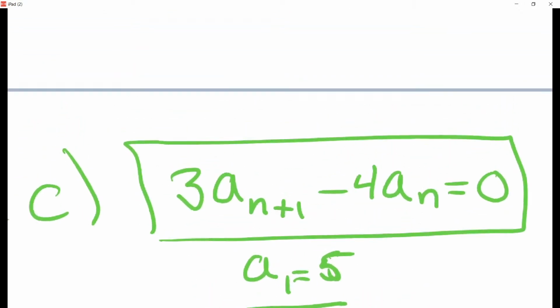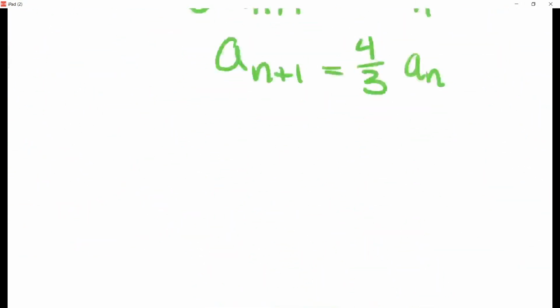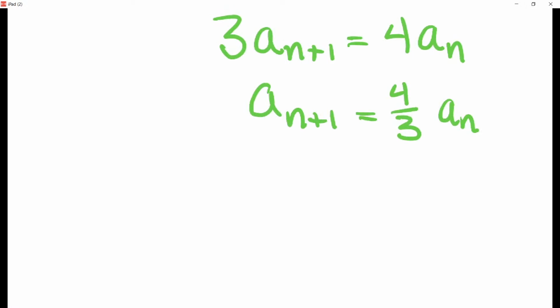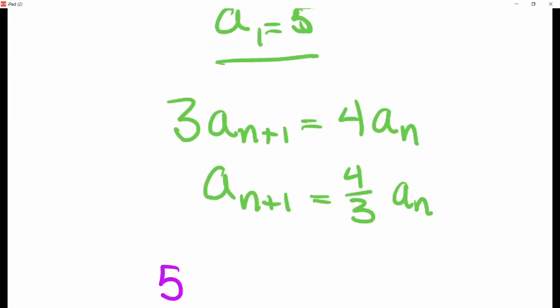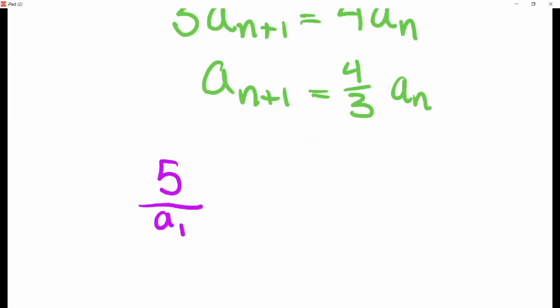Let's actually write down some of the numbers in this sequence. I'll put them down here. We start with a sub 1 is the number 5. That's what it says, right? Yeah, a sub 1 is the number 5, which means a sub 2 is the number 20/3.